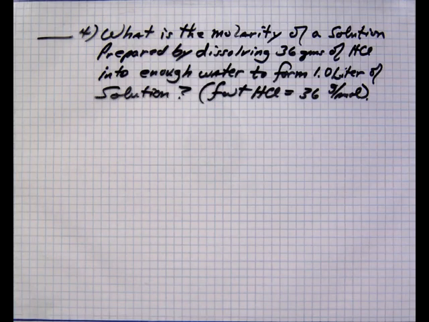Number 4, what is the molarity of a solution prepared by dissolving 36 grams of HCl into enough water to form 1 liter of solution? And we're given the formula weight of HCl to be 36 grams per mole.